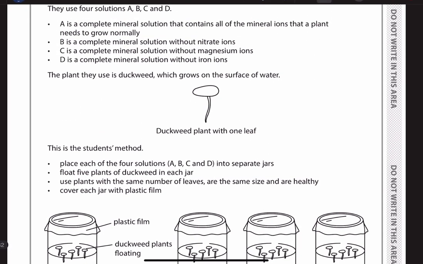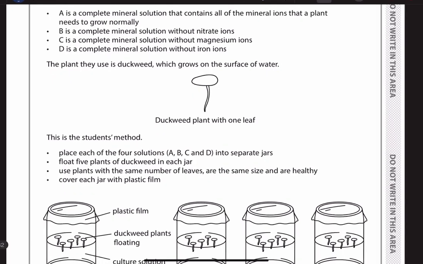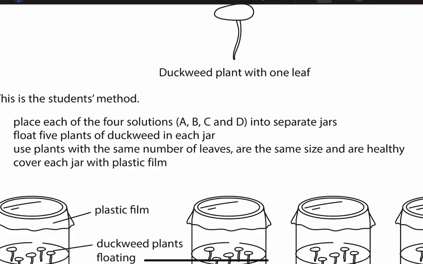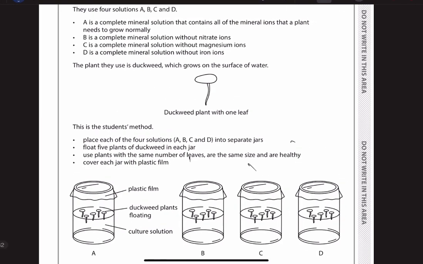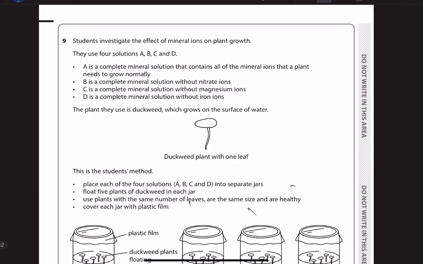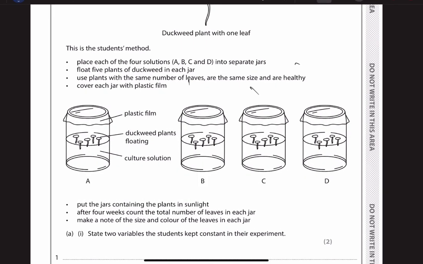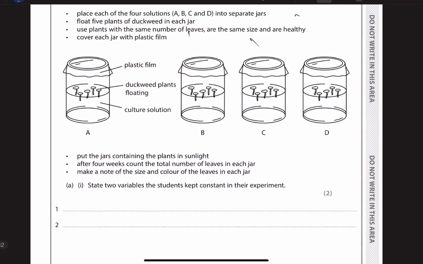Well, I mean, they said it. They said quite a few here, right? Same number of leaves, same size and healthy. You can say that. What else did they keep constant? It's covered with plastic film. They're all put in sunlight, so the sun is fixed.